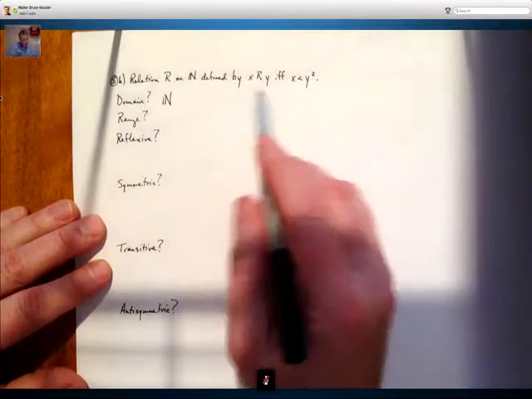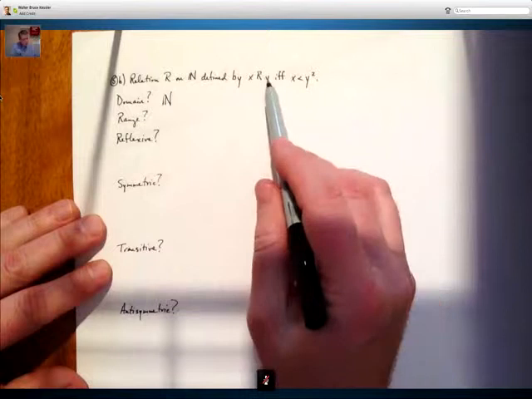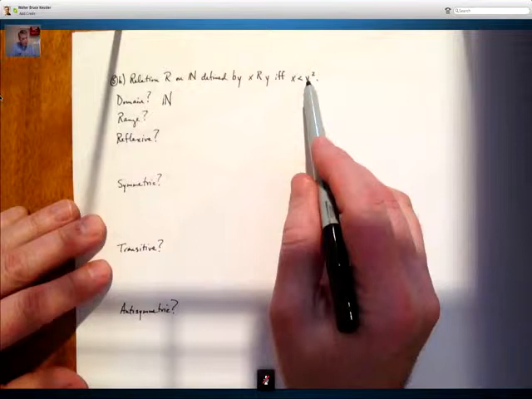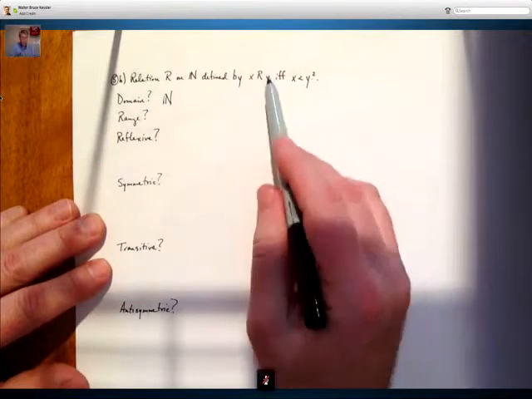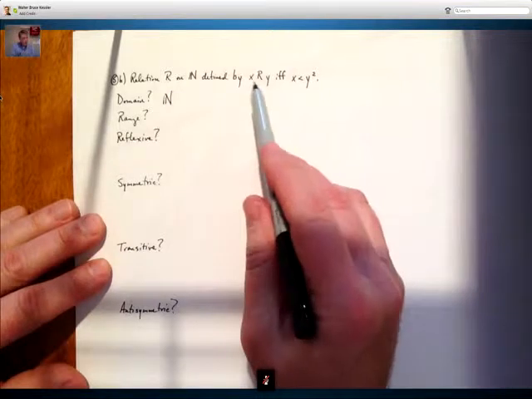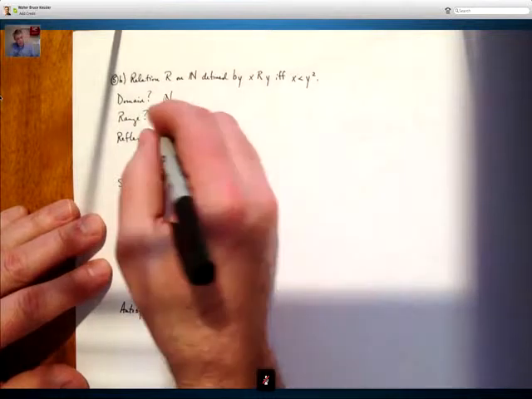Okay, and the range would be everything that can go here. I don't think that there's a natural number that's less than 1 squared. So I don't think we're going to have an ordered pair with 1 in the y's position. But certainly I could have that if y is 2, and so on.